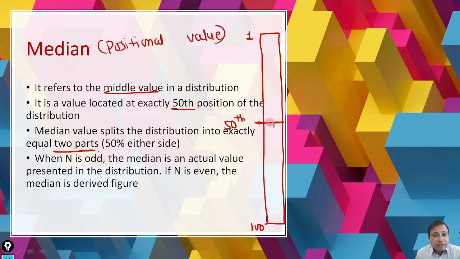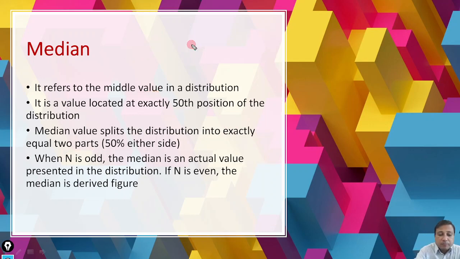That value represents the median, above which there is 50% of the distribution and below which there is 50% of the distribution. So this is the middle value at the mid of that data, and that is known as the median. The arithmetic mean is the average value. The median is the central, or what I would say the exactly mid value. The difference between the two is that the median is a positional value, whereas the arithmetic mean is not a positional value.